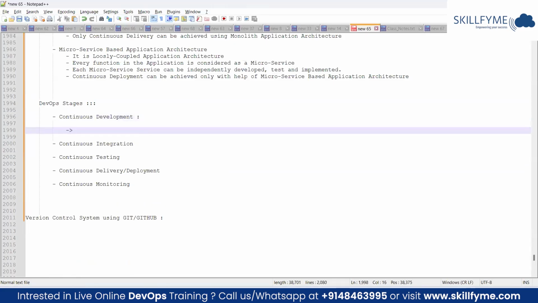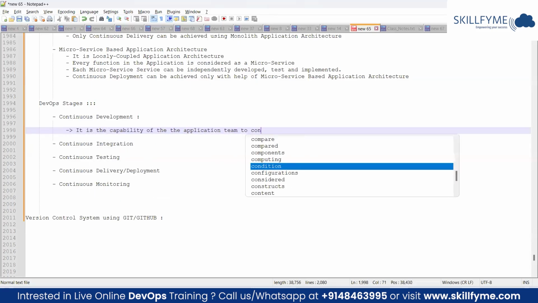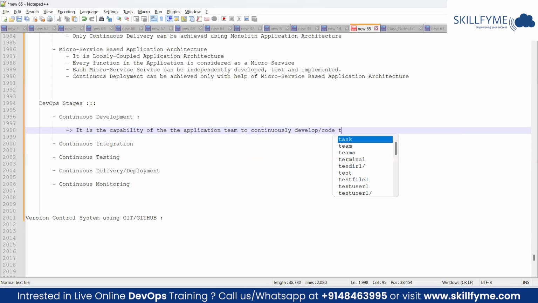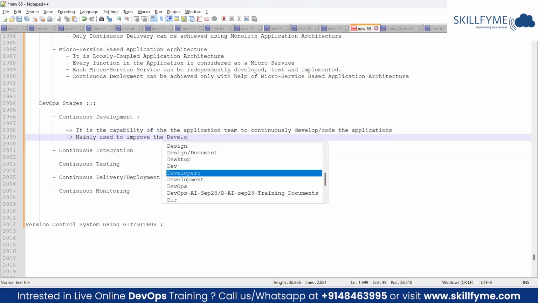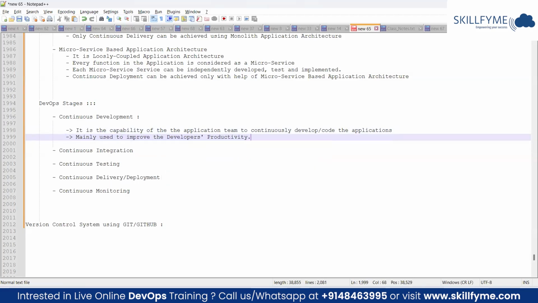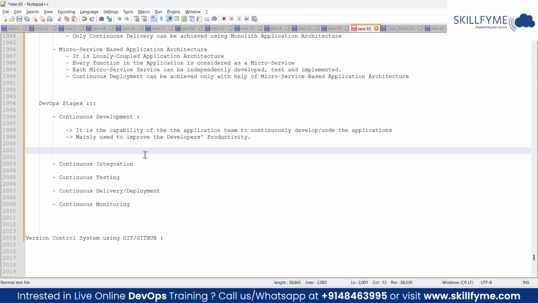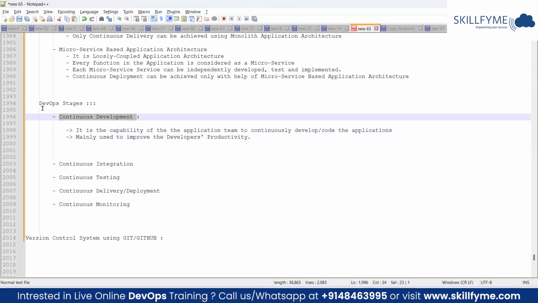Ultimately, continuous development is the capability of the application team to continuously develop or code the applications. This stage is mainly used to improve the developers' productivity. That is a very important thing to understand.